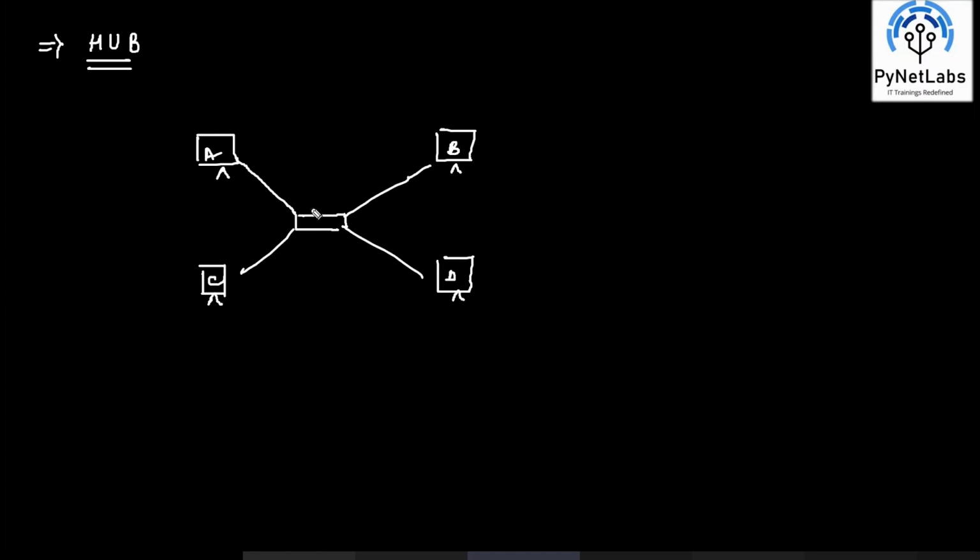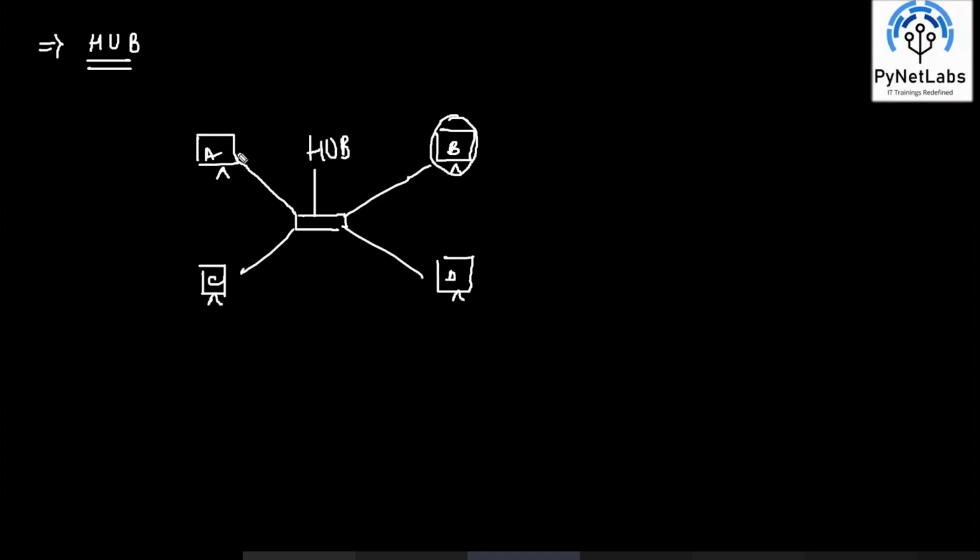Hub only broadcasts the information. Doesn't matter if the information is only for B or C or D. If A sends something to this hub, it will send it to everyone except A.